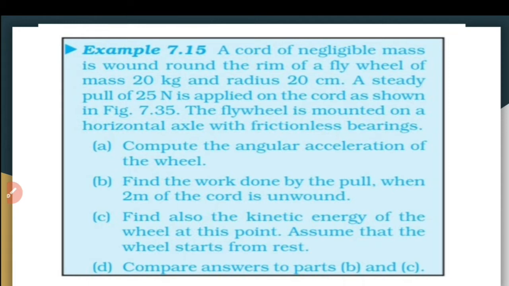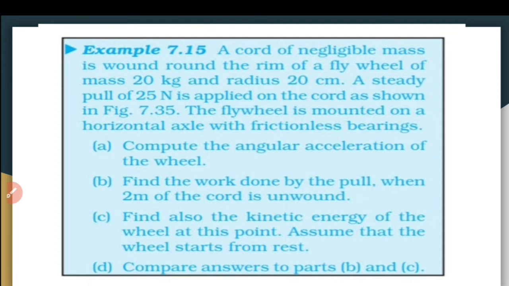The cord is pulled down with a 25 Newton force, so the cord gets unwound. By that, the flywheel rotates about its axle.